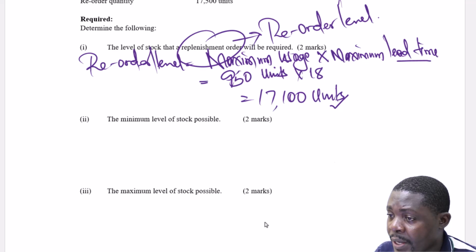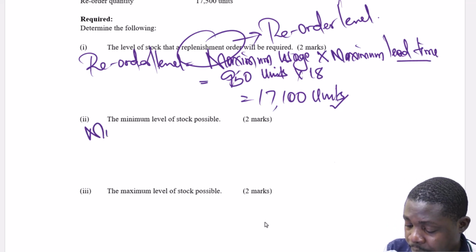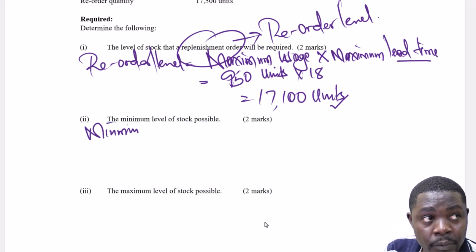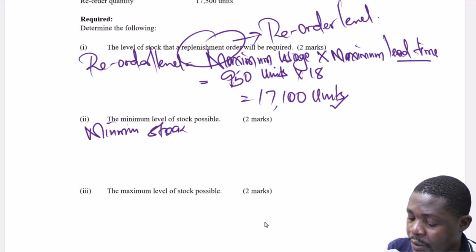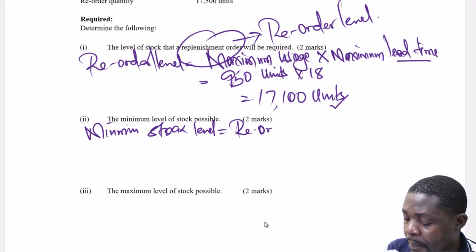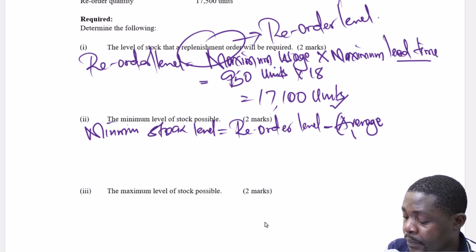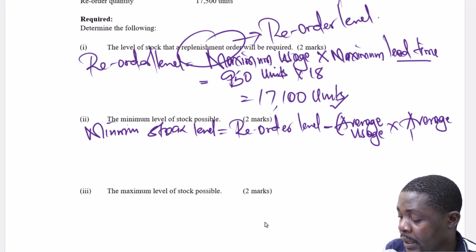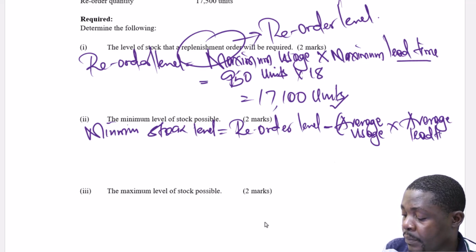Then we have the minimum stock level. Minimum stock level is equal to reorder level minus average usage or consumption multiplied by the average lead time or reorder period.